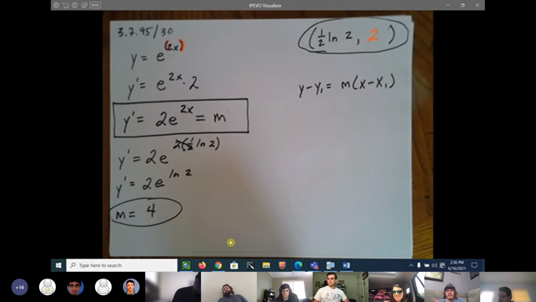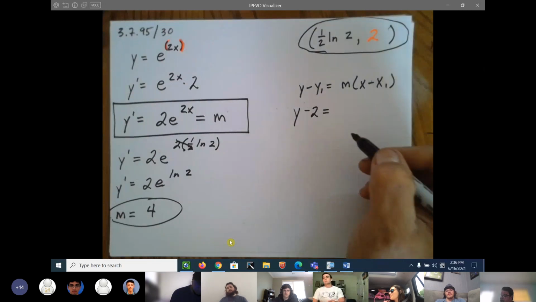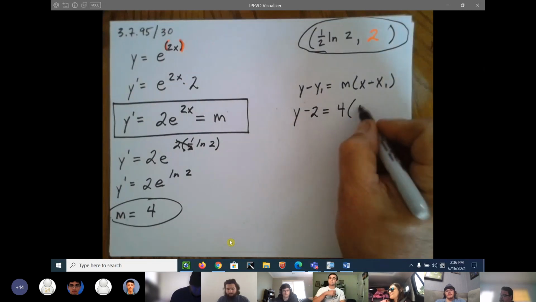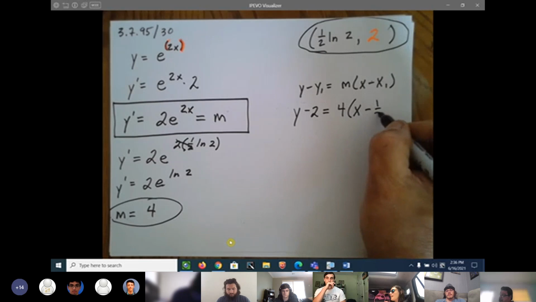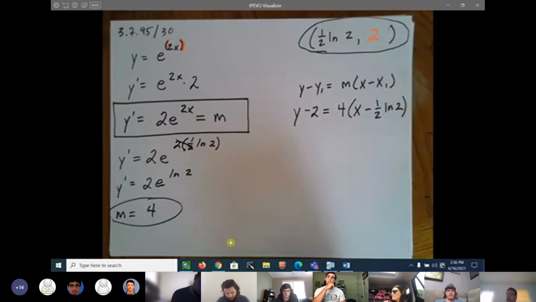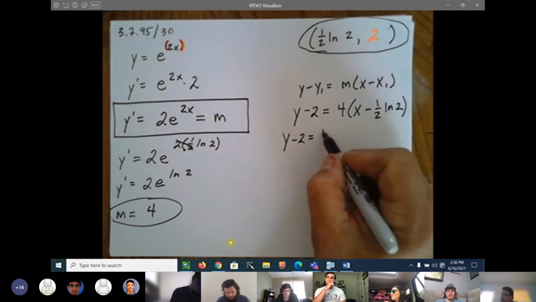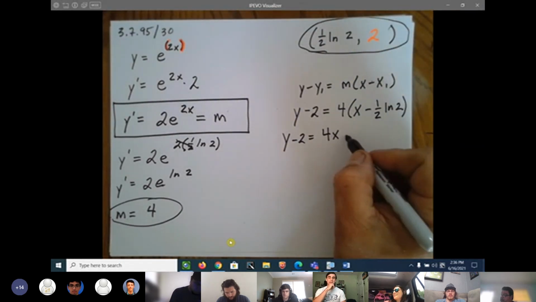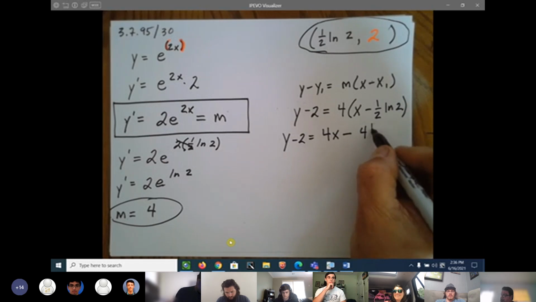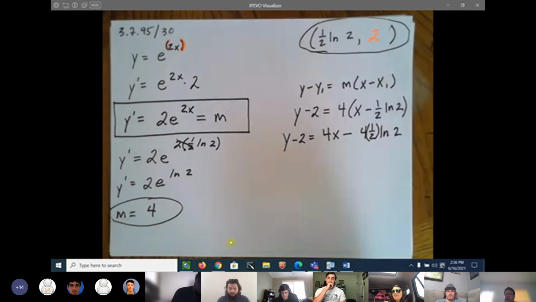That's just awful. Y minus 2 is equal to 4 times x minus 1/2 natural log of 2. Y minus 2 is equal to 4x minus 4 times 1/2 natural log of 2.